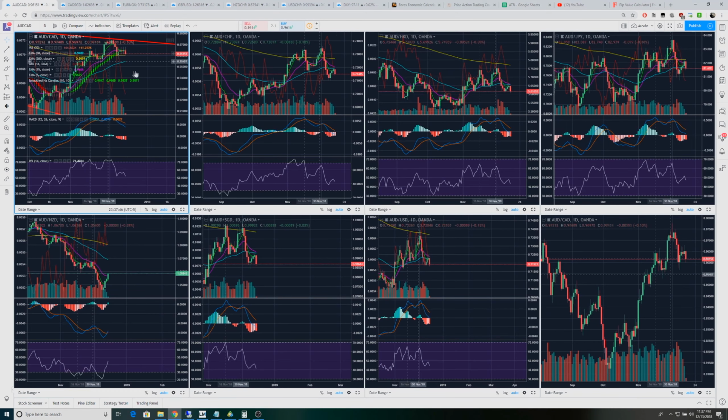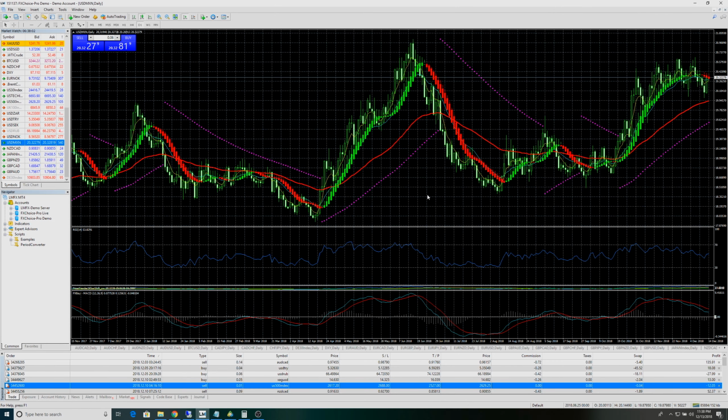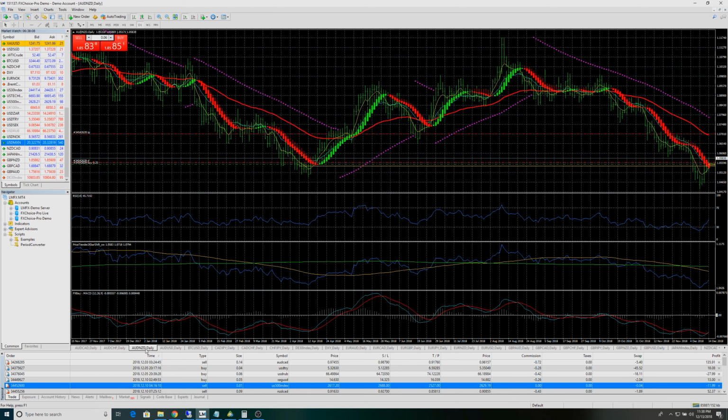It's really beneficial because when you start looking at some of these candles, like the Aussie versus the Kiwi here, it's moved pretty well today. So if we go into MT4 and take a look at the Aussie Kiwi. Now this is my test account. It's all demo trades.